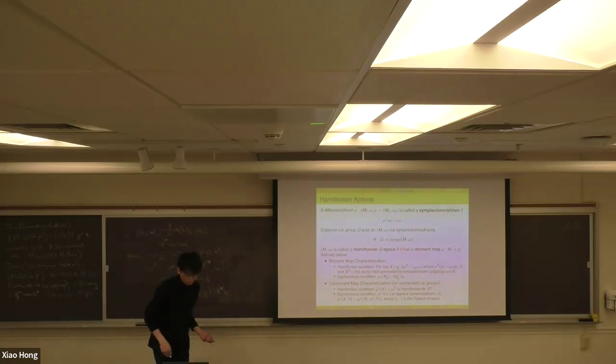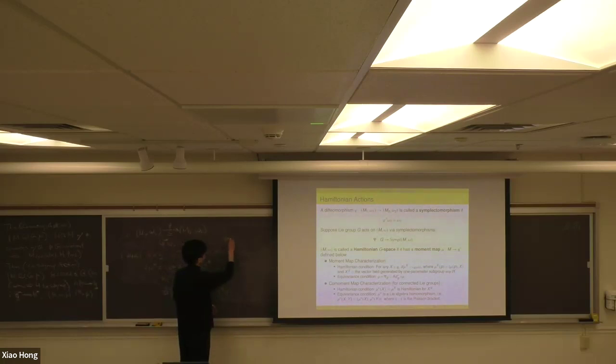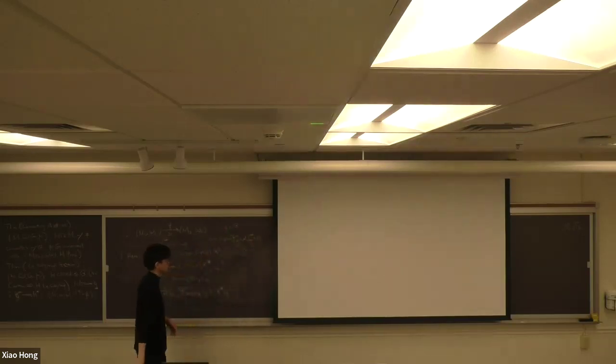and the second requirement is called the equivariance condition, where you have this condition for each of the elements of G. So this symbol means the co-adjoint representation.